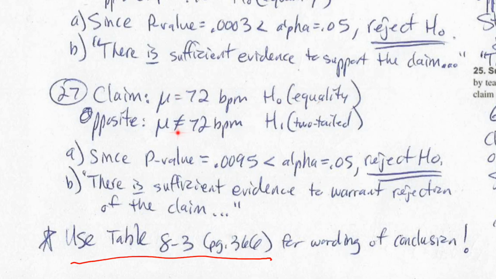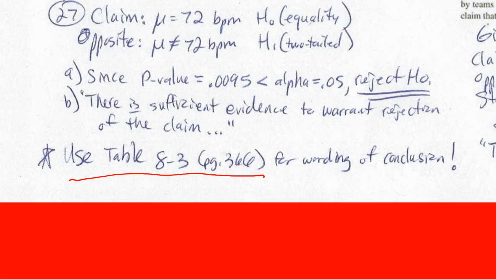The opposite would be not equal to that. Okay, it could be smaller, it could be greater. That's what we're going to be testing. We're going to be testing two tails to see how far away from the mean it is. And in this case, we have a really small p-value. That means it is way out there in the tail, okay? And smaller than the alpha, so we're going to reject H0, okay?